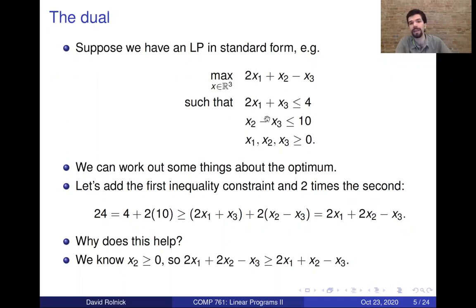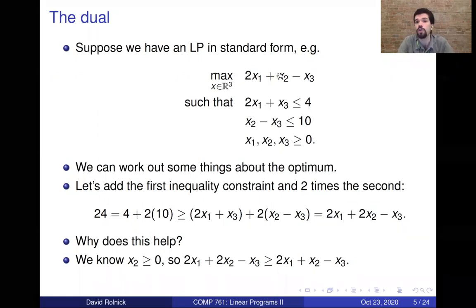So for example, if we could combine them to get a 2 here and a 1 here and a 0 here, so 0 is greater than -1, that would also give us an upper bound. Or if we could combine it to give us a 3 and a 2 and a 1, that would also be an upper bound. It would be a less good upper bound. But any way that we can combine these to give us something where the coefficients are greater than, or greater than or equal to, the objective's will give us an upper bound, if that makes sense.